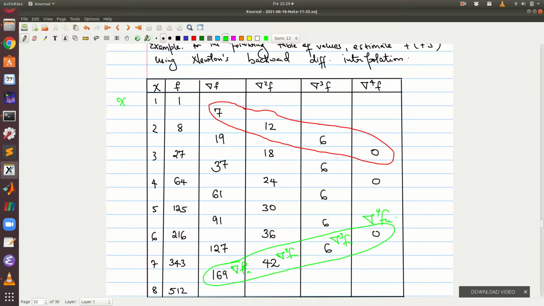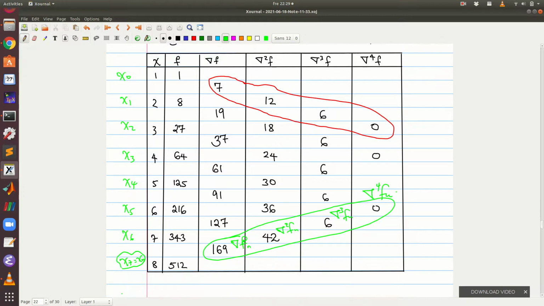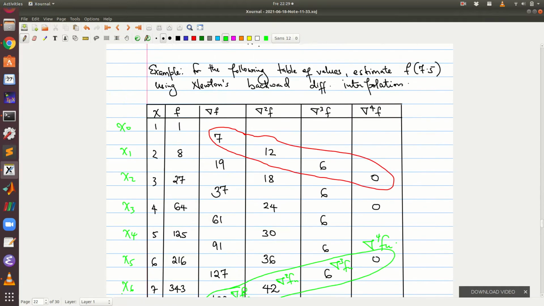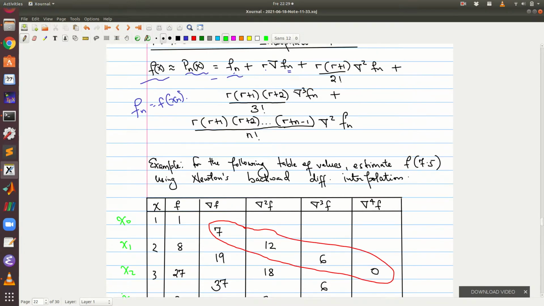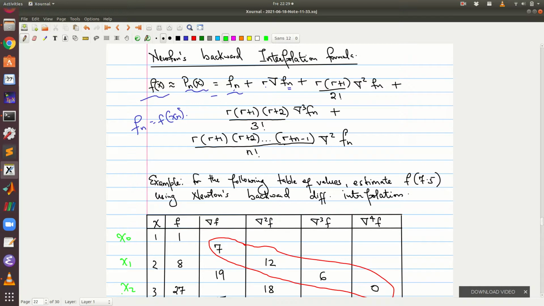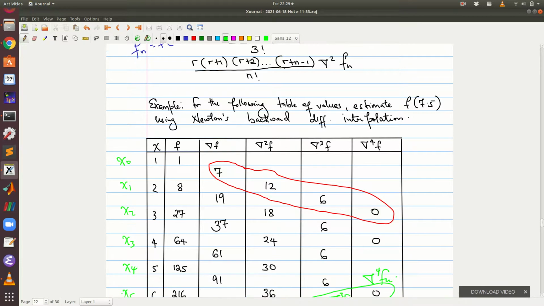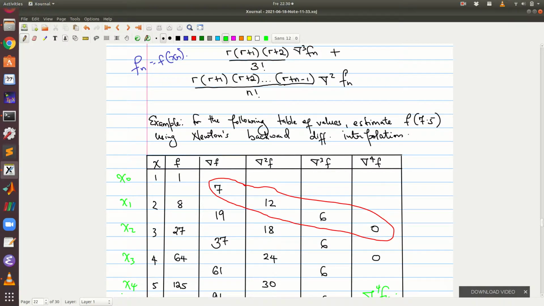So we have our x naught, x1, x2, x3, x4, x5, x6, and x7, which in our formula is xn. So what do we do here?